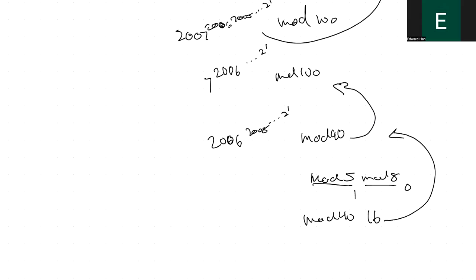But isn't the order of 7 mod 100 equal to 4, so you only need to do it mod 4?